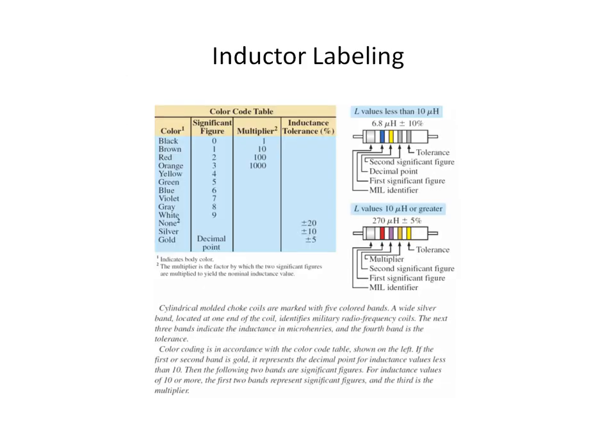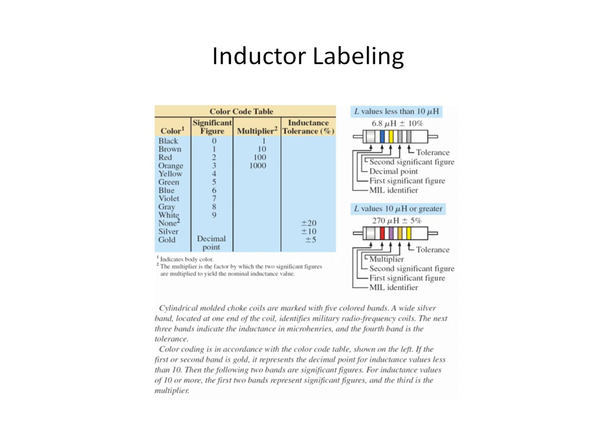Please note that there are inductors that look like resistors, and they'll have color codes associated with them. Here's just an example of a color code table, and again, this is just for you to be aware that there are inductors that may look like resistors, but when you measure them, they may appear to be a short because the winding is really just a wire and its resistance is very low.